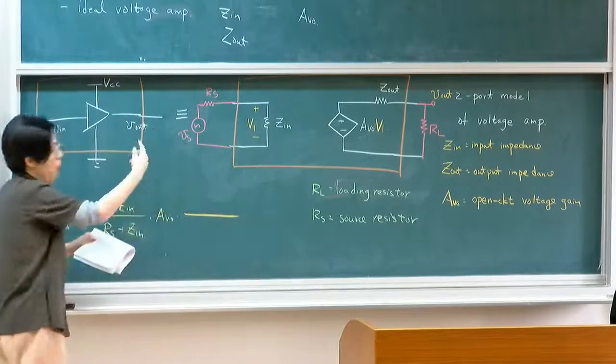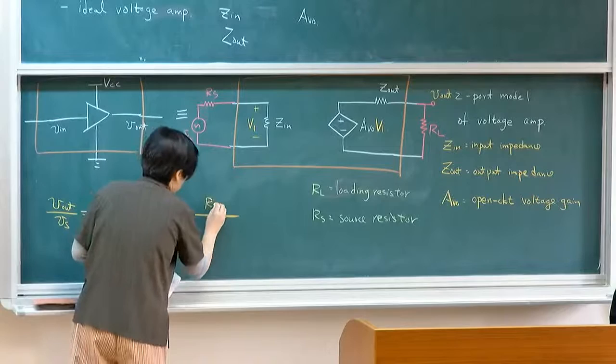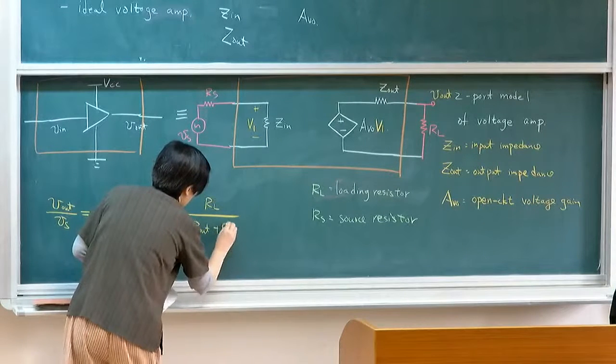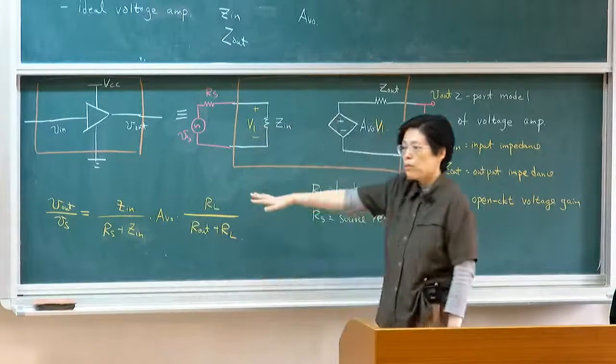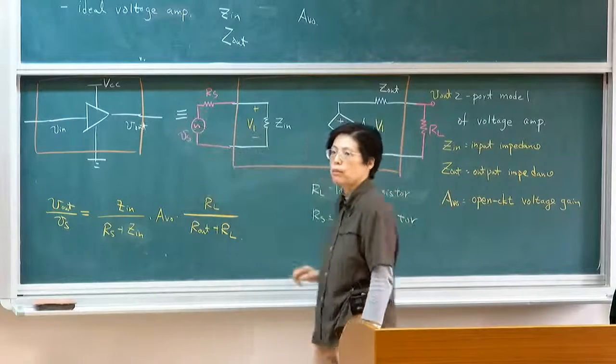So if you construct the output and input relationship, it will be something like this: R load, R out. Okay? So this is your final relationship between the output and input sources, right?